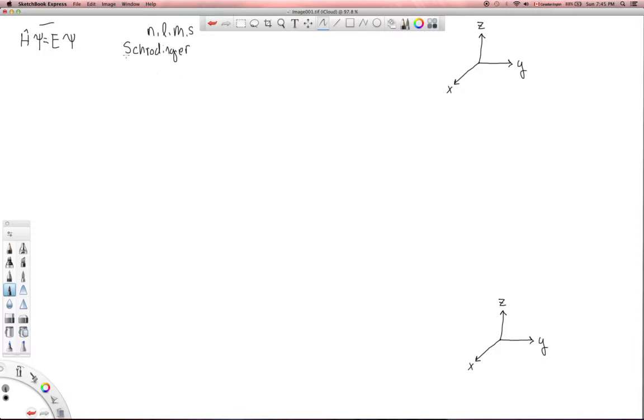The Schrodinger equation is roughly analogous to F equals ma. It's the F equals ma of quantum mechanics, so it is analogous to Newton's second law of motion. It is kind of the fundamental equation of motion, if you will, for quantum mechanics.